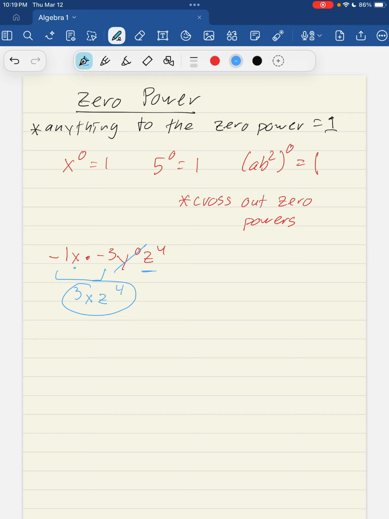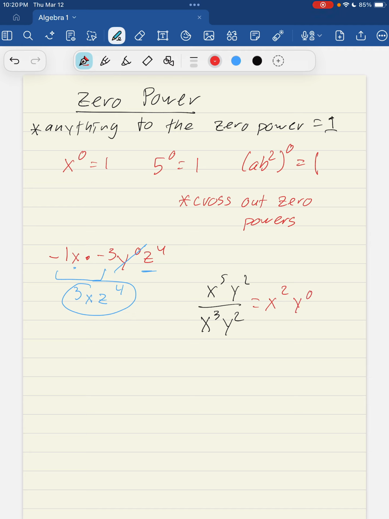Again, if you come across a y equals 0 term, maybe you've got something like this: x to the 5th, y to the 2nd, over x to the 3rd, y to the 2nd. You could solve this guy, and you subtract the powers. 5 minus 3 is 2, so x to the 2nd. 2 minus 2 is 0.